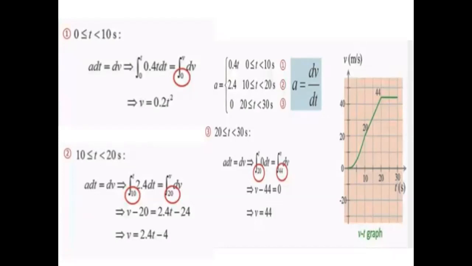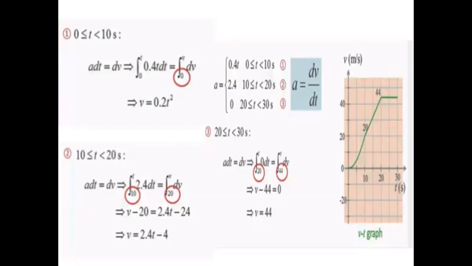We integrate both sides and v equals 0.2 times t squared. Just be careful. The lower limit of v is 0 because the initial velocity is 0. We have to calculate the v at the end of this period, meaning at time t equals 10 seconds.